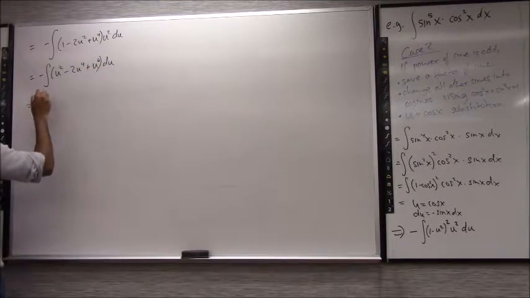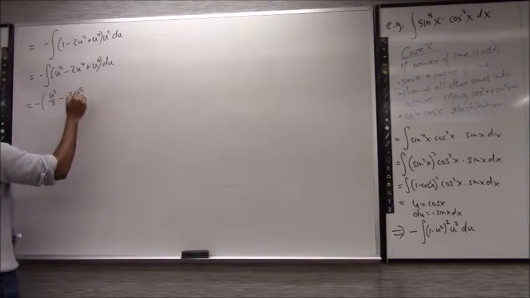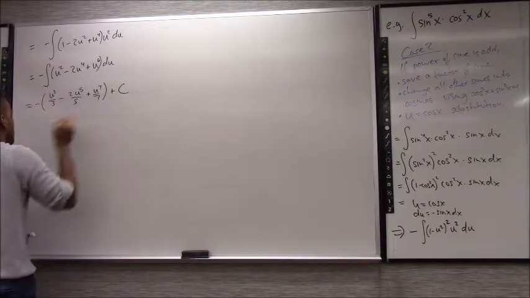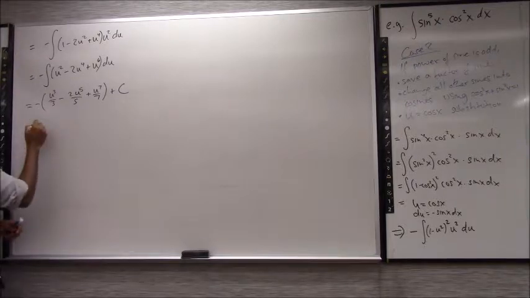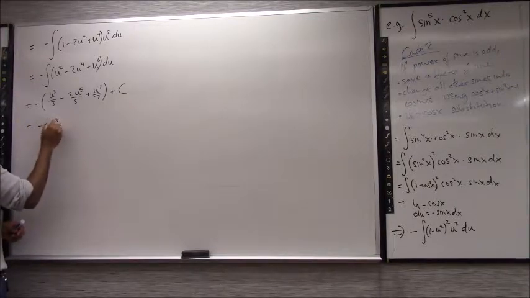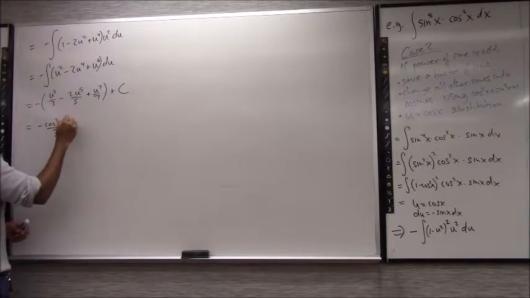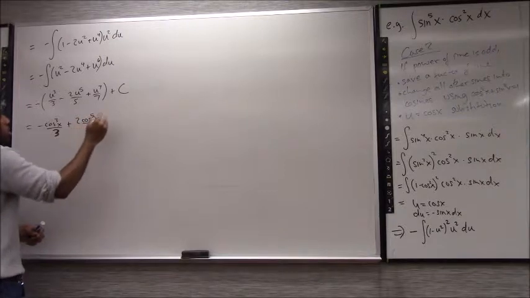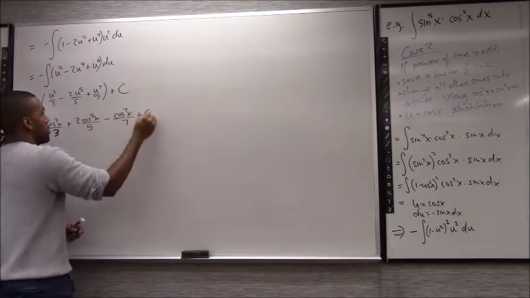So that ends up being u cubed over 3 minus 2u to the 5th over 5 plus u to the 7th over 7 plus C. Now I just replace my u with cosine. It's minus cosine cubed over 3 plus 2 cosine to the 5th over 5 minus cosine to the 7th over 7.